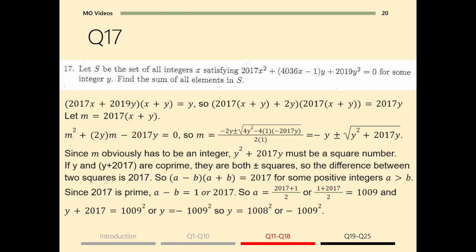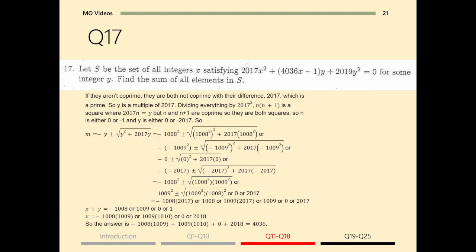Since 2017 is prime, we only have a minus b is 1 or 2017, so a has to be 1009 and b is 1008. So the bigger square is 1009 squared and the smaller one is 1008 squared. Or the bigger square could be negative 1008 squared and the smaller one could be negative 1009 squared. Since y is the smaller one, that means that y is 1008 squared or negative 1009 squared.